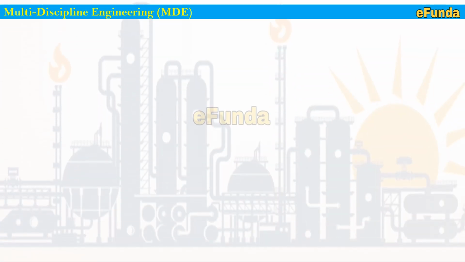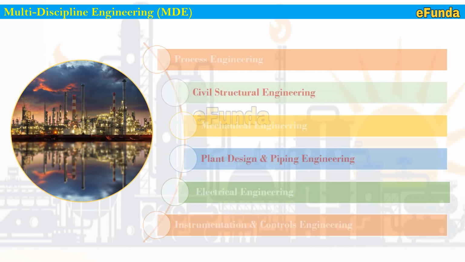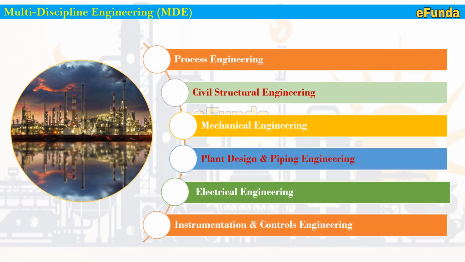As part of multidiscipline engineering, that is MD, one can refer to the picture where you can see various disciplines involved, starting from process engineering, civil and structural engineering, mechanical engineering, plant design and piping engineering, electrical engineering, and instrumentation and control engineering.